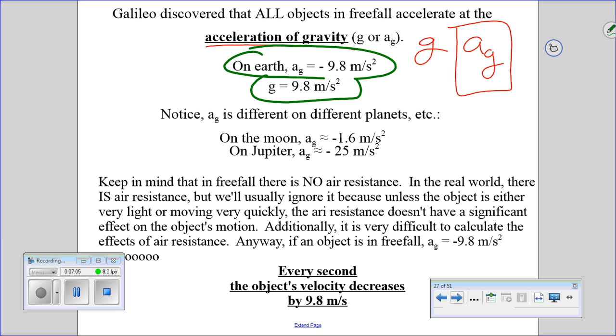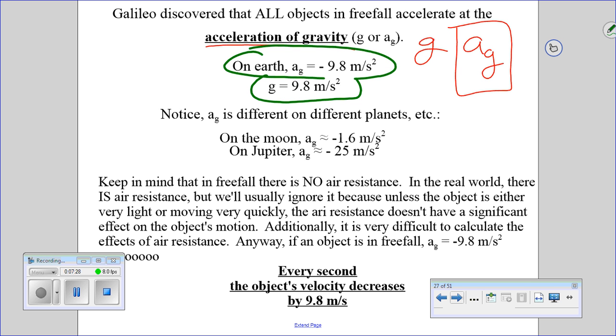So anytime you drop an object on Earth, the acceleration will be negative 9.8 meters per second squared. Anytime you throw a ball on Earth, the acceleration will be negative 9.8 meters a second squared. Because in both of those cases, the only force is gravity, and so it's in free fall.